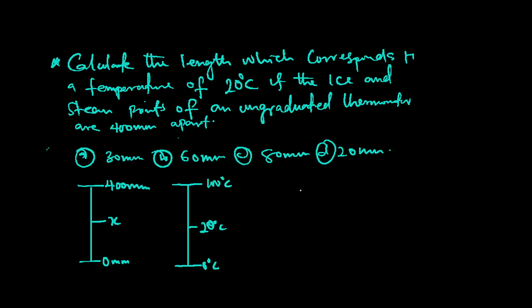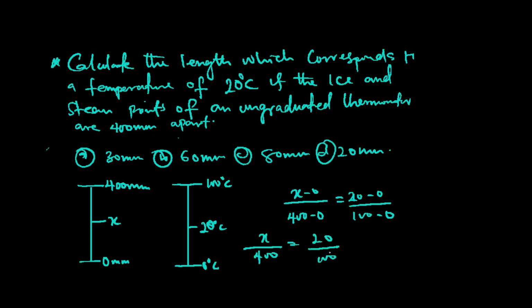So we take the proportion: X minus 0 divided by 400 minus 0 equals 20 minus 0 over 100 minus 0. DJ, are you following everybody? So that will be X over 400 equals 20 over 100. 20 into 100 is 5, so if I cross multiply, I will have 5X equals 400.